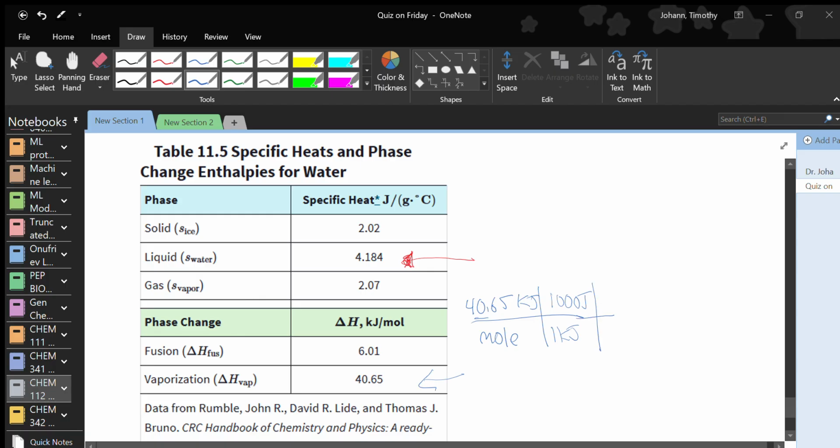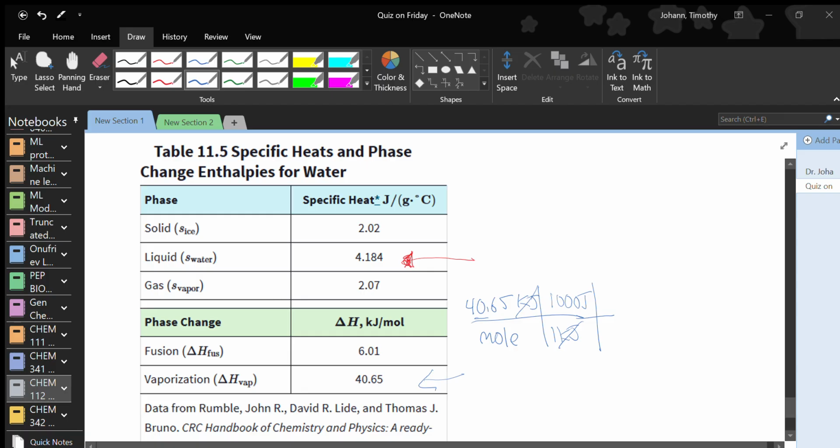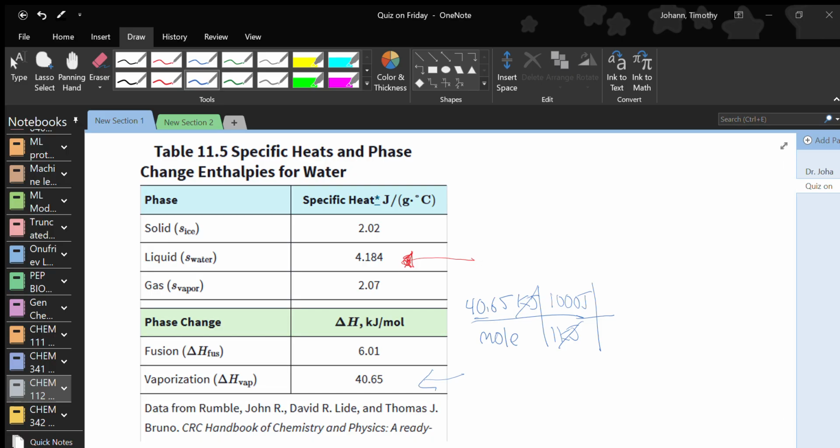Really encourage you to use these units because then I can cancel those units. Remember, 20 IQ points lost up at the board. But this saves me. Super, super good system. Okay. What am I going to do with a mole? I can use the molecular weight here.